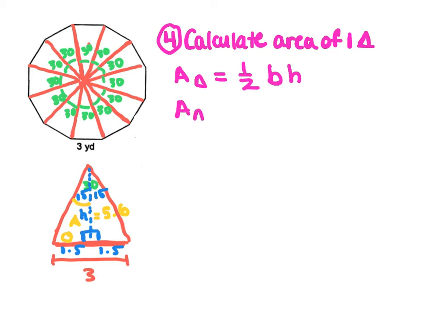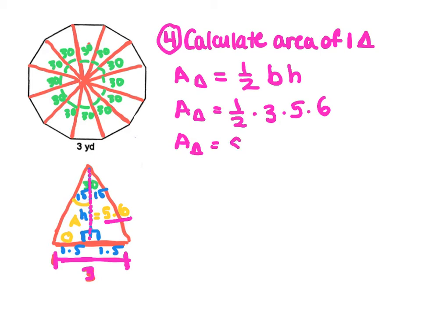So in this case, the area of the triangle equals 1/2 times 3, the base, times the height, which was the value of h we calculated to be 5.6. So if we plug that in the calculator, 1/2 times 3 times 5.6 gives you a value of 8.4.